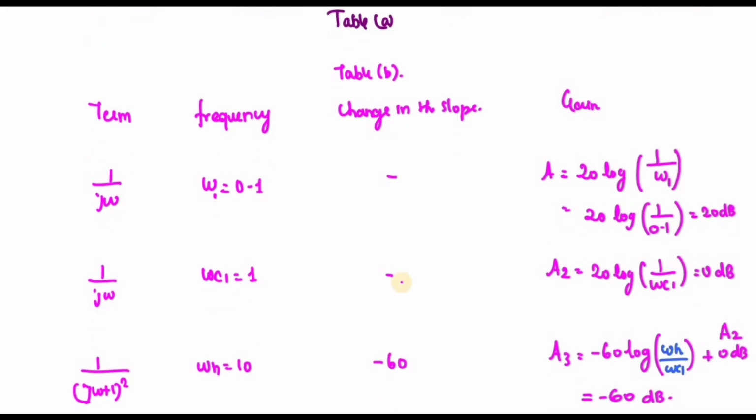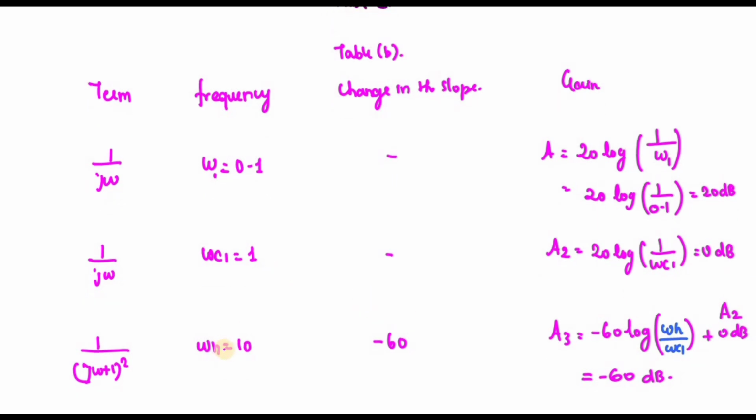Next, if I substitute omega c1 equal to 1, I will get 0 dB. And if I substitute omega h equal to 10, the change in slope is minus 60, so the gain is equal to minus 60 into log of wh divided by wc1, plus a2, so you will get the answer as minus 60 dB.